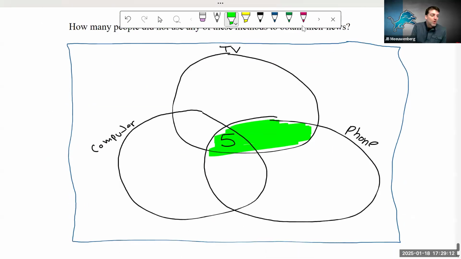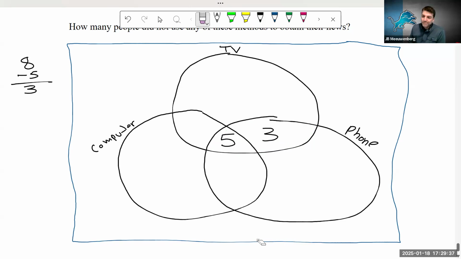Agreed? But here's the thing. 5 of them have already been accounted for here. The entire region has 8. So if the entire region has 8, and we've already accounted for 5, that means if we do a little subtraction, we know that this has to have 3. So do you see how that works?